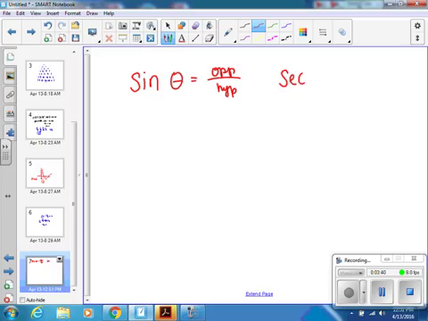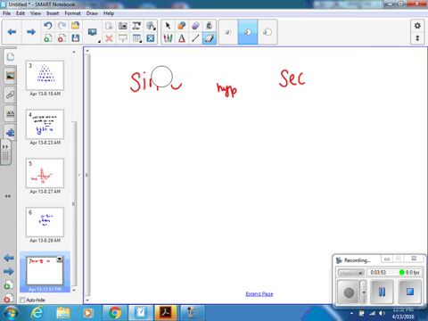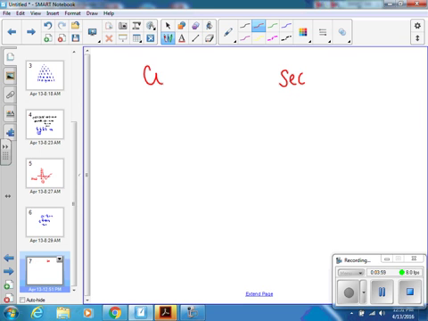Wait a minute. Secant goes with cosine. Secant is the reciprocal of cosine, is it not? Cosecant is sine.